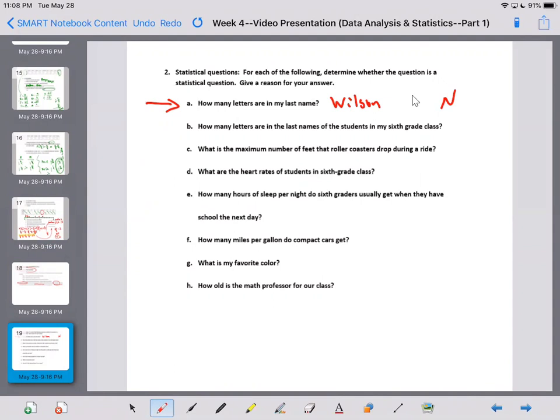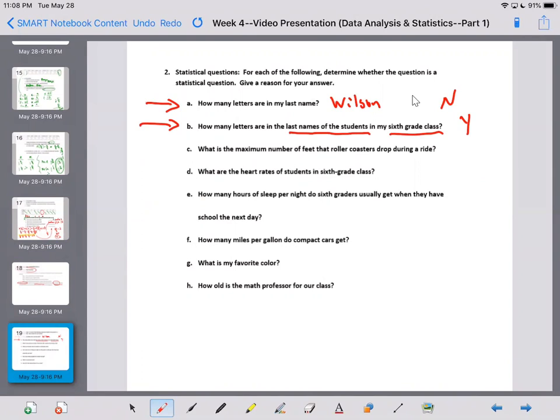Now we've created quite a bit of variability. Could have short last names, longer last names. So what you're going to create is all this range of numbers. So notice that last names of students in my class, now we're looking at variability.